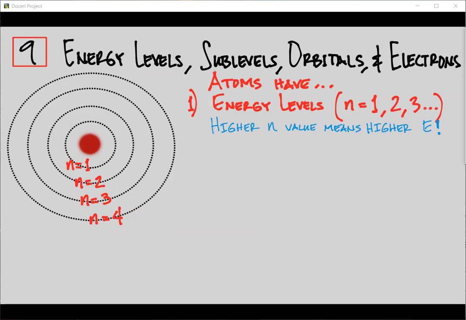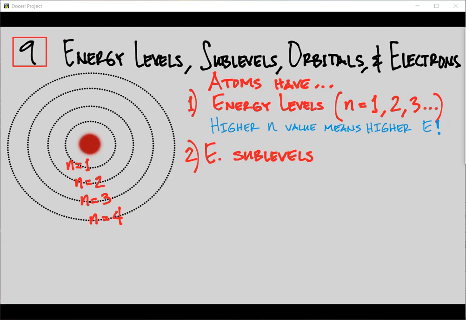And you learned that the higher the n value, the higher the energy. As you go farther away from the nucleus, the electrons gain more energy. So electrons in the fourth energy level would have a higher energy than electrons in energy levels 3, 2, or 1.